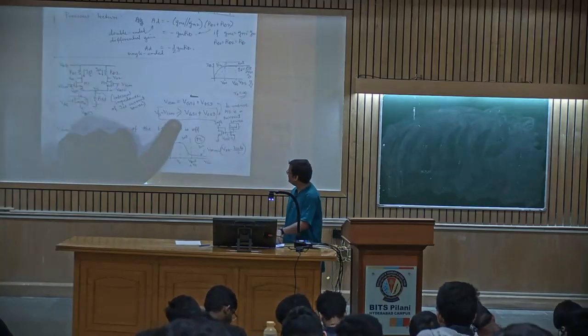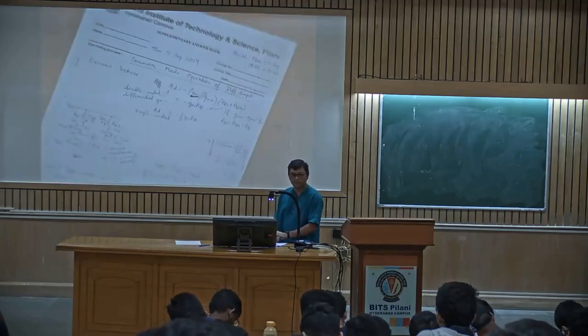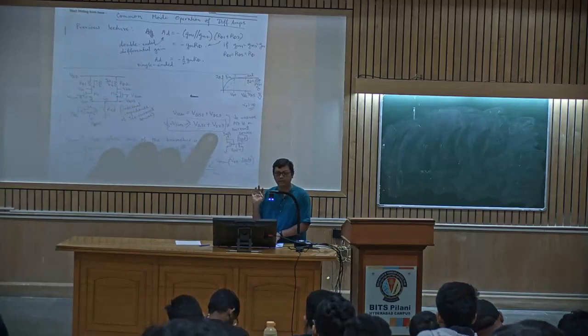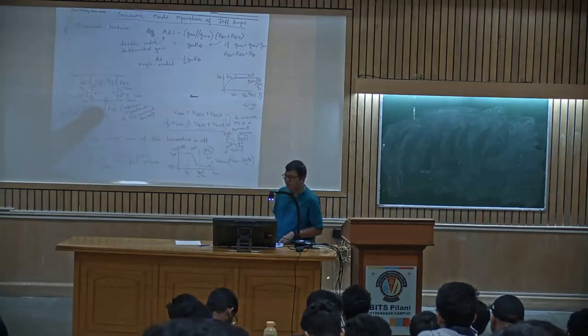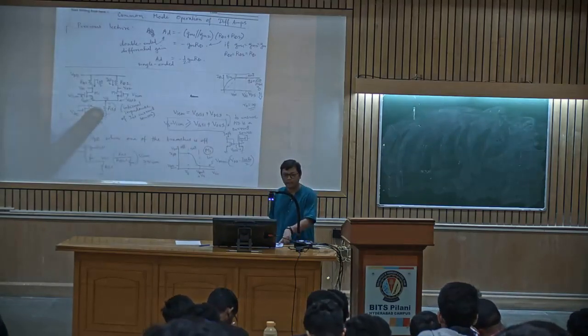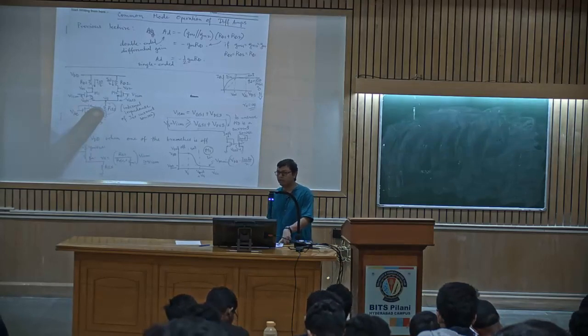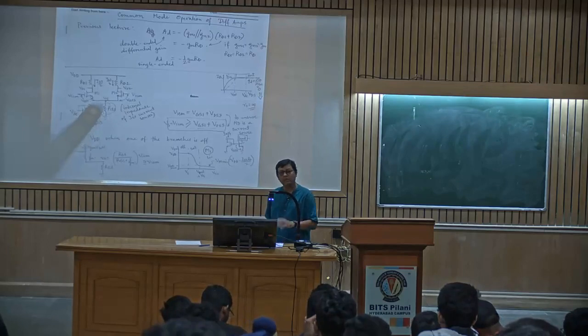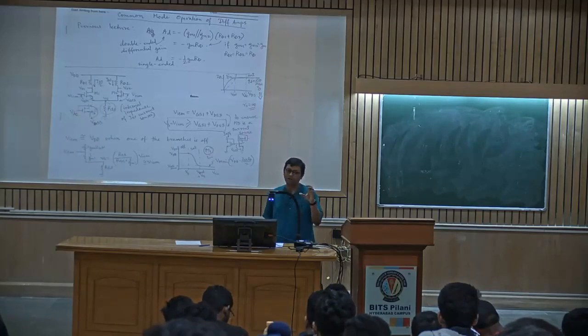Minimum, we saw, is VGS plus VOV3. That was defined by what? Nothing to do with the differential amplifier here. It has got to do with the current source. In fact, we will soon notice towards the end of this class that this entire CMRR concept is totally dependent on how good your current source is.